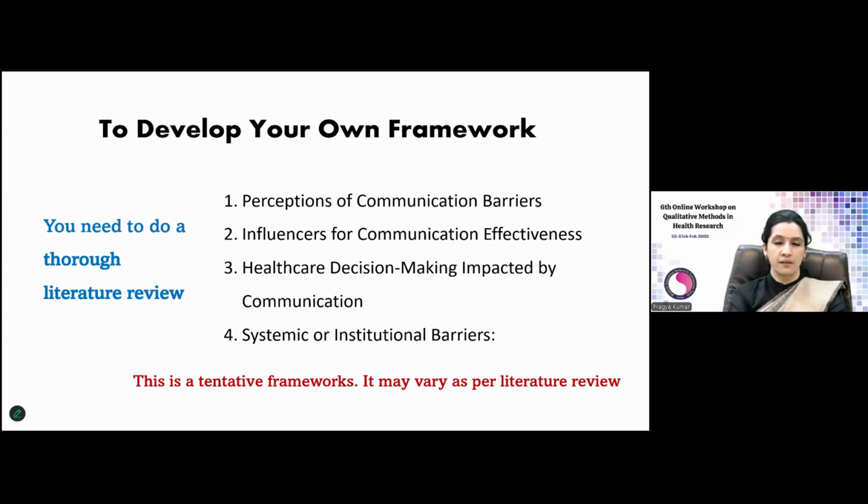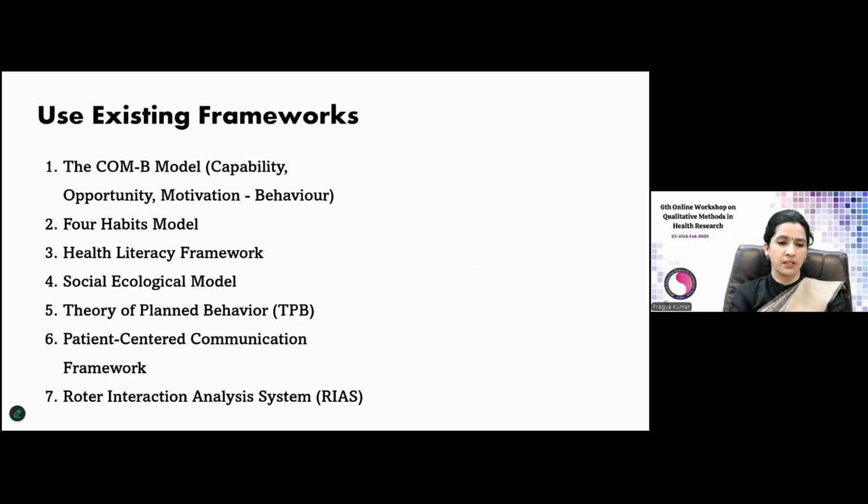As one girl was also saying, there are many frameworks which were given by AI: the COM-B model, the 4 habits model, health literacy. We don't know much of this, but I think health belief and the social ecological model we know. So you can use any of these frameworks and get the details in the literature.